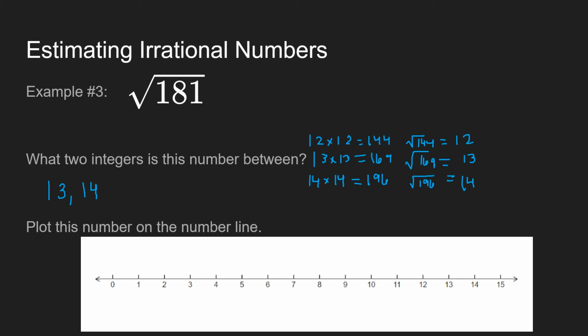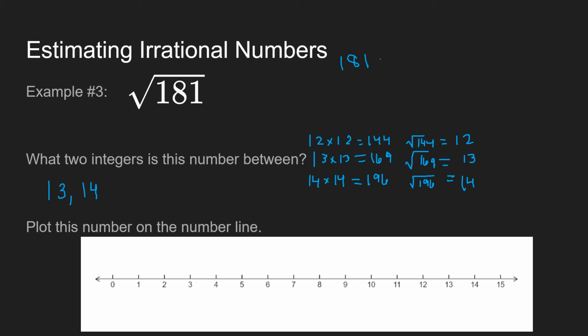Now we need to plot this number on the number line, and we know it's between 13 and 14, but we need to figure out if the square root of 181 is closer to 13 or 14. And the way you do this is you count how many numbers it is away from the perfect squares. So 181 is 12 units away from 169.